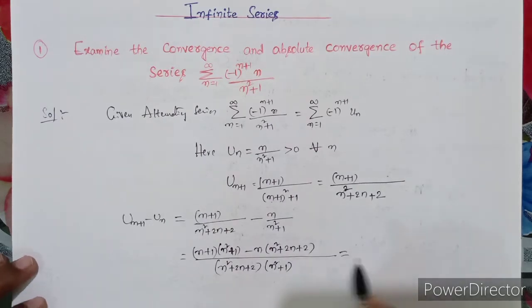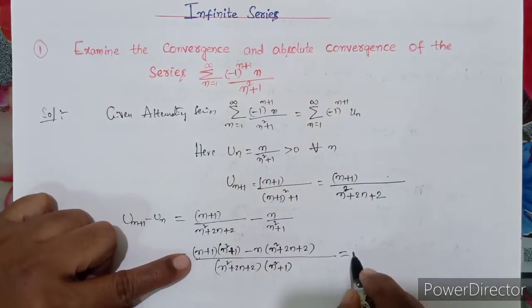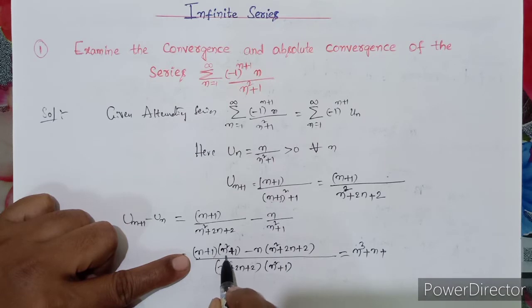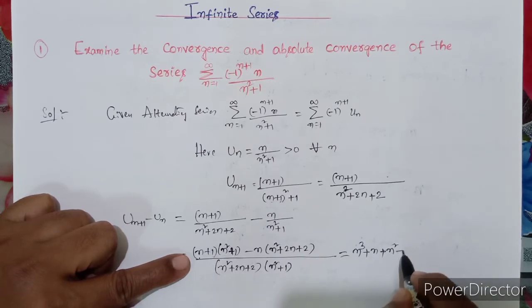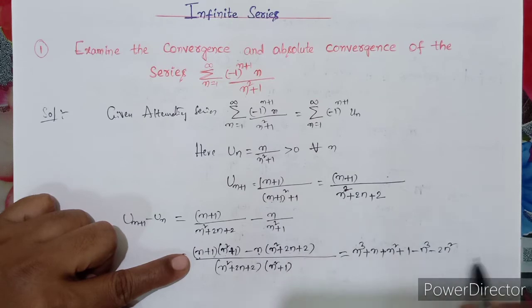Now this is equal to n cube plus n plus n square plus 1 minus n cube minus 2n square minus 2n, over n square plus 2n plus 2 into n square plus 1.